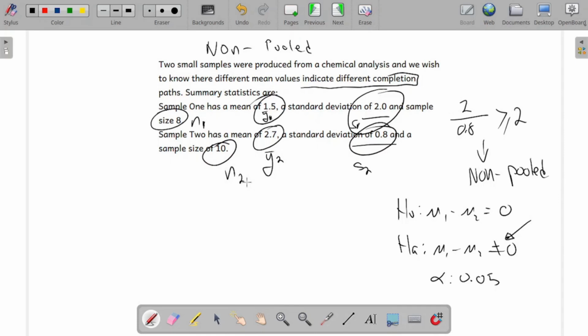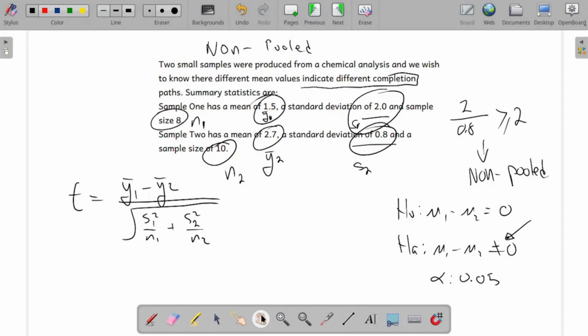Well, the non-pooled version of the t-test is much more compact. Here we have t is equal to y bar 1 minus y bar 2, and the denominator is the square root of s1 squared over n1 plus s2 squared over n2.